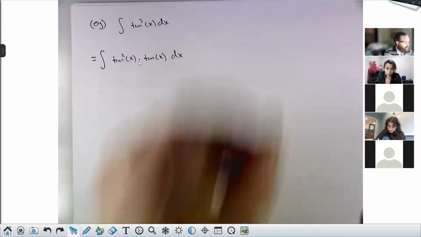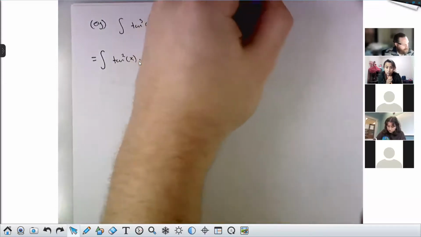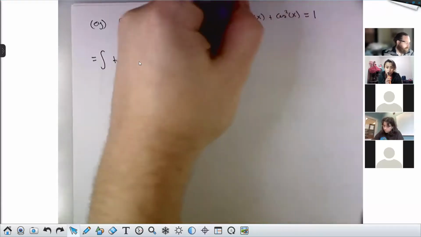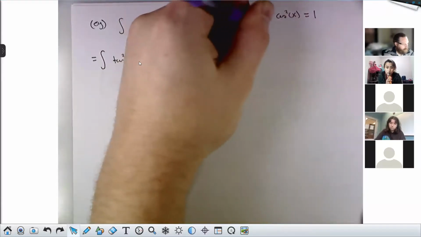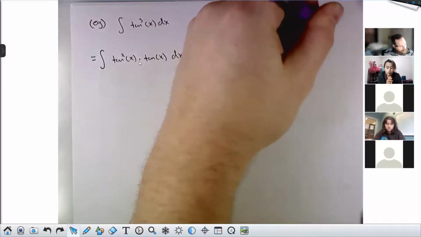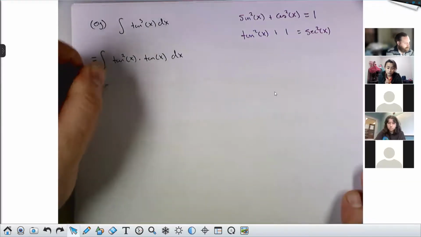I feel you deserve credit. The real magic in all of these are these identities. Over and over again, we're employing one flavor of these Pythagorean identities or another. This tangent squared, I can rewrite as secant squared minus 1. And then I will have secants and tangents to play with, which is what I like.